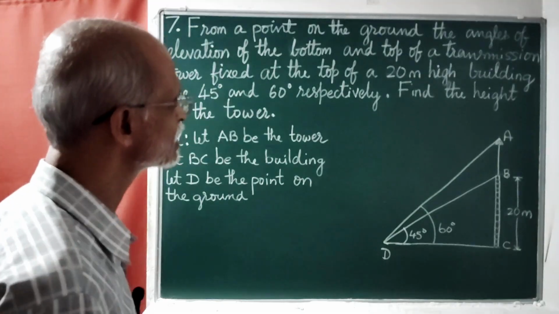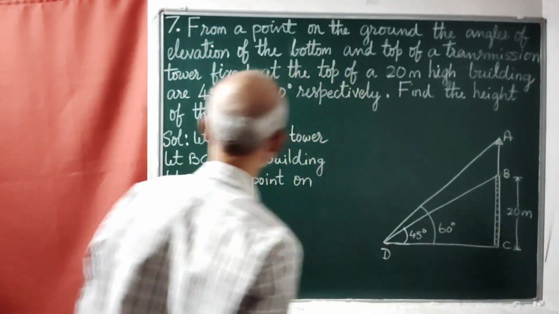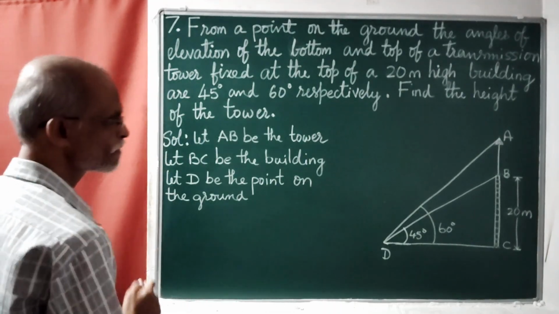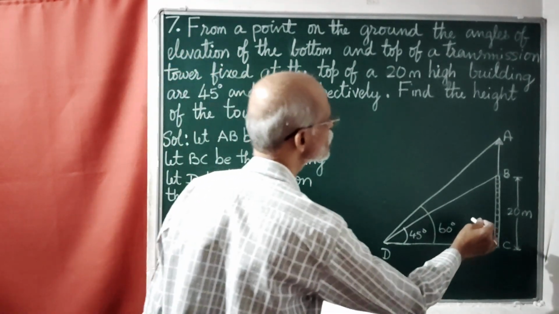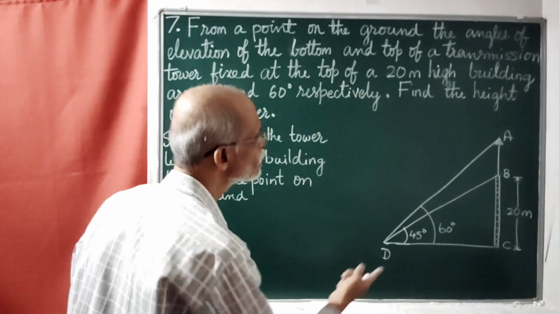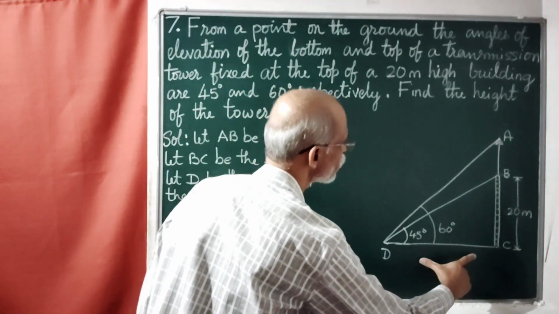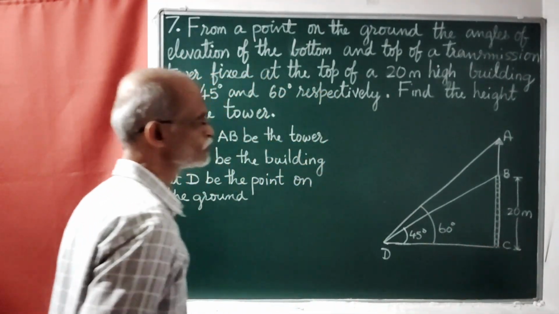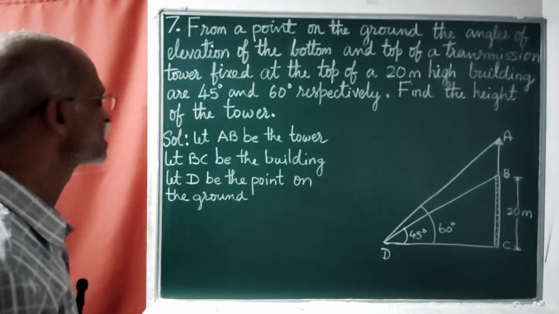Now we will consider the smaller triangle, BCD. In this small triangle, we have got BC, we have got the angle here, and we can find the length of CD.